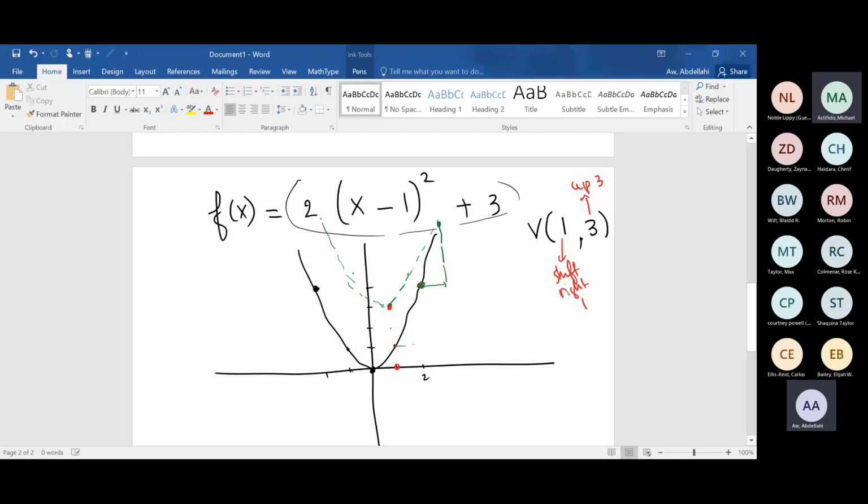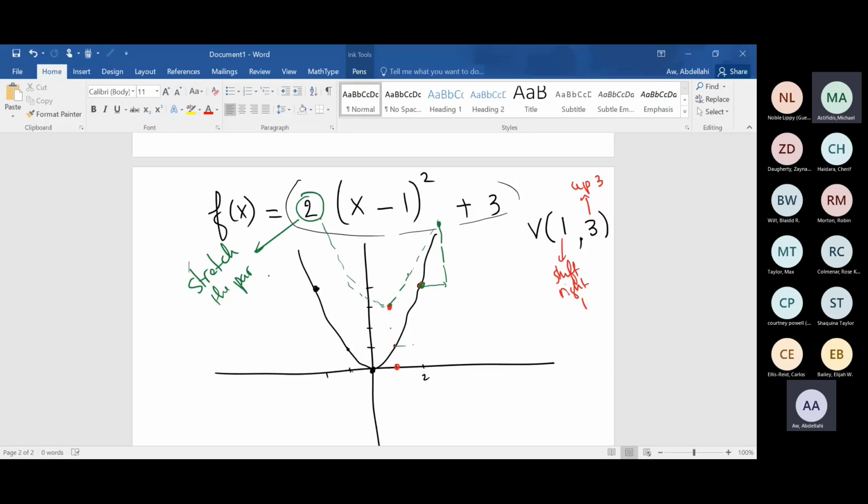just before the 2. What does the number 2 do? The 2 wants to stretch the parabola vertically, right? So my focus here is more on what the vertex means for the transformation.